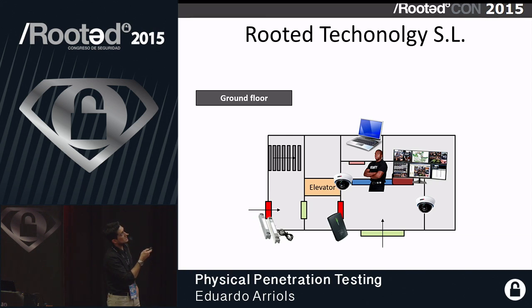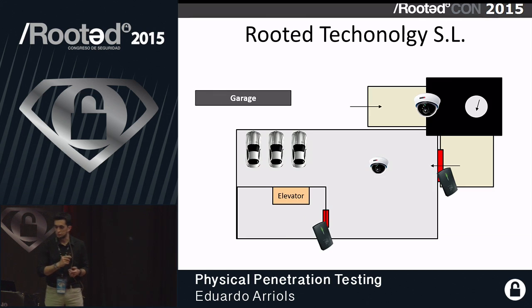The thing is that this is closed at weekends, and this security guard on the weekend shift is just watching a movie. And this is an access control, and then this is a magnetic sensor.